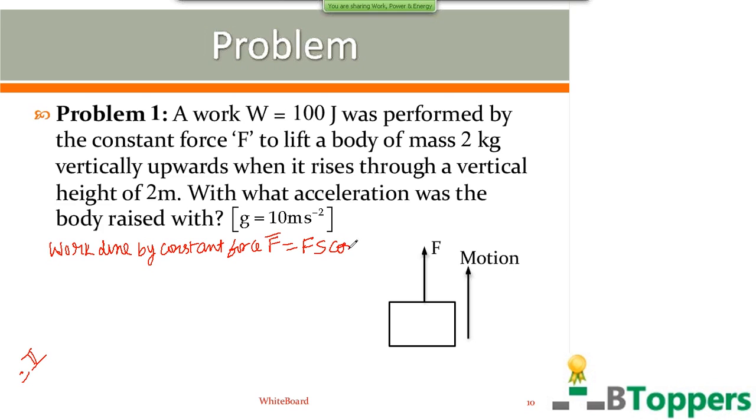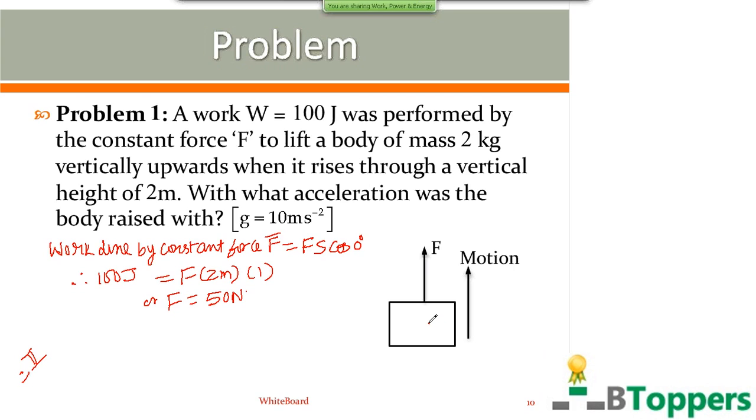Or if you use the formula F s cos theta, here the angle theta between force F bar and displacement S bar is 0 degrees. So here work done is 100 joules, that is given in the problem. Magnitude of the displacement is 2 meters. Cos theta is 1. So you get the magnitude of the force. From this you can simplify it. You get 50 Newton.